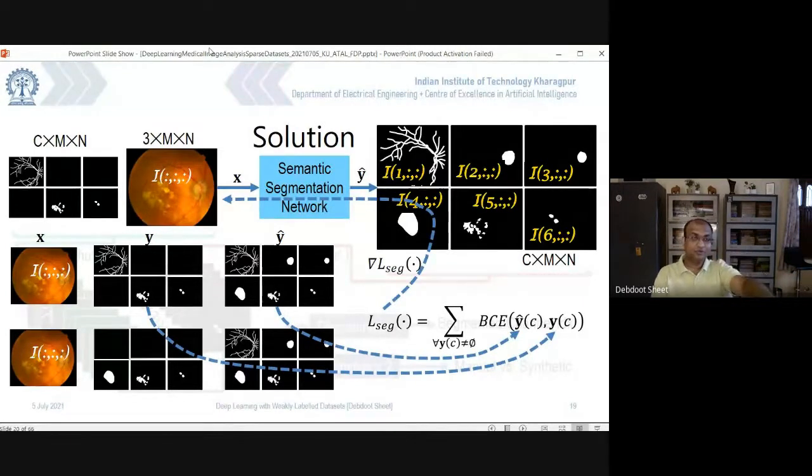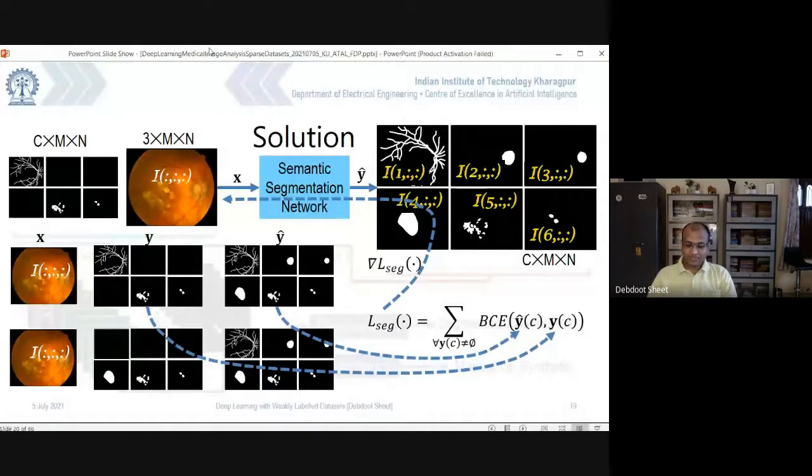As in, if you look at the first image, my ground truth, Y, is available only for my blood vessel, hard exudates and soft exudates. But my prediction gets me blood vessel, optic disc, optic cup, some edema, hard exudates, soft exudates, all the 6 classes.